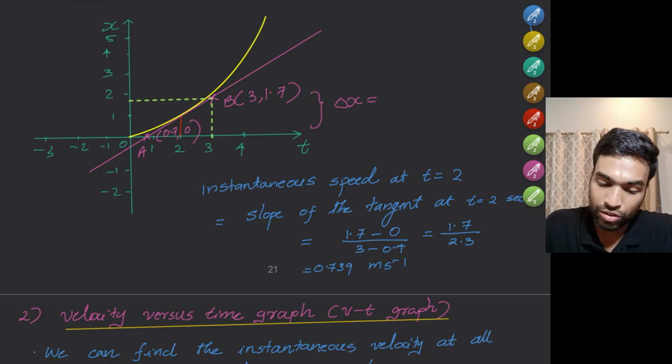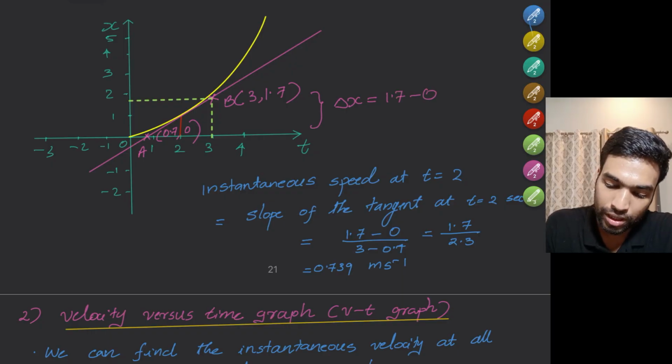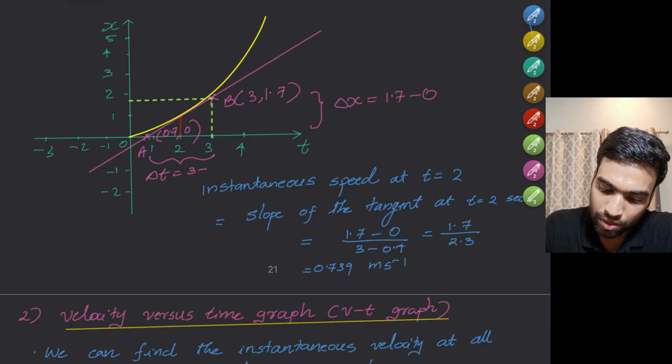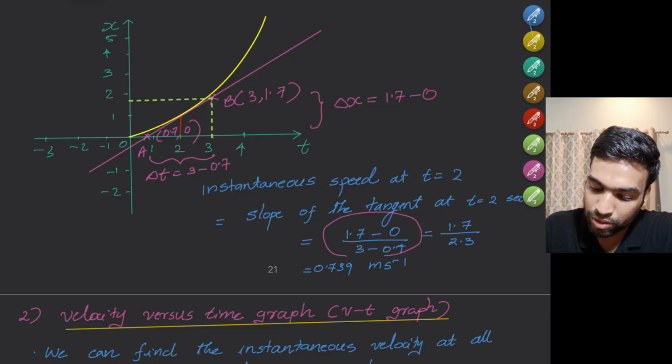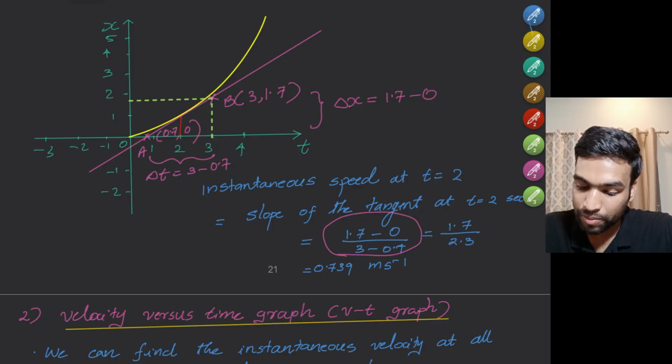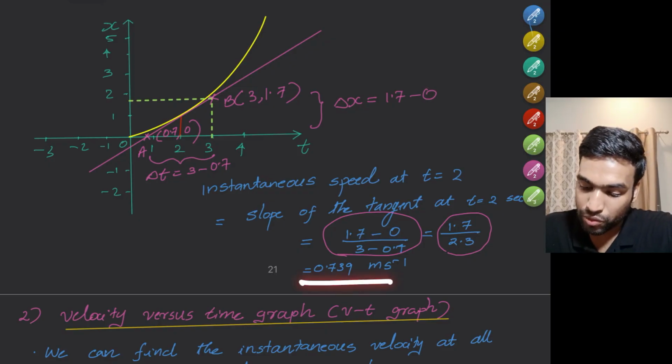Here delta x is equal to 1.7 minus 0, and delta t is equal to 3 minus 0.7. That's exactly what I have written here: 1.7 minus 0 divided by 3 minus 0.7. So it equals 1.7 divided by 2.3, which is nothing but 0.739.